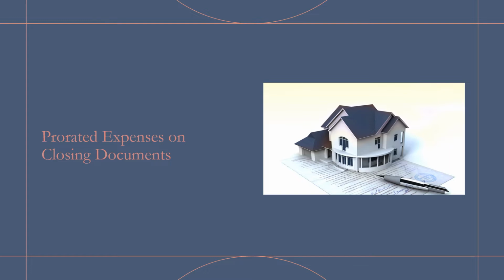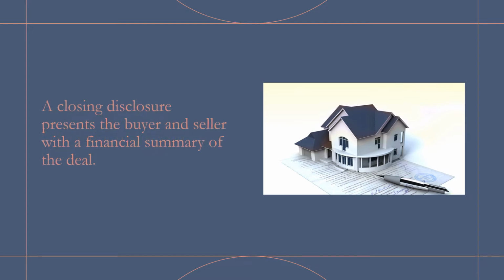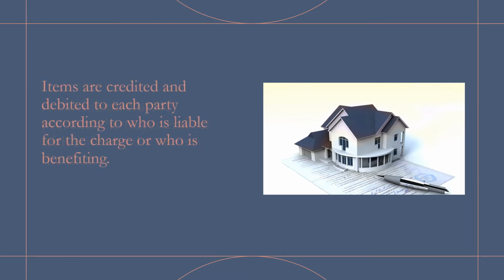Prorated expenses on closing documents. A closing disclosure presents the buyer and seller with a financial summary of the deal. Items are credited and debited to each party according to who is liable for the charge or who is benefiting.